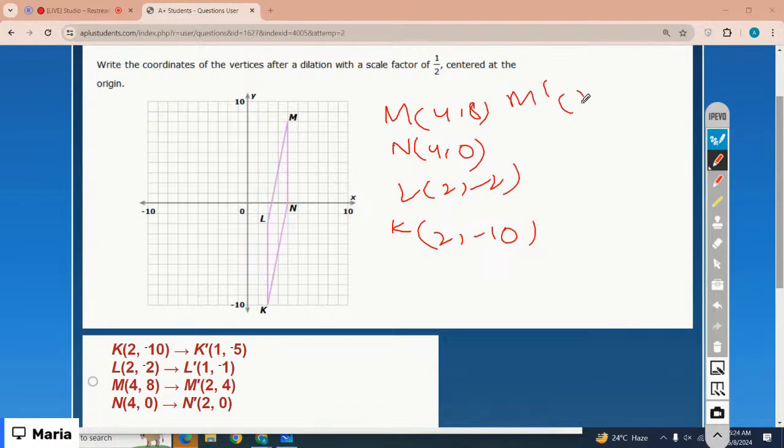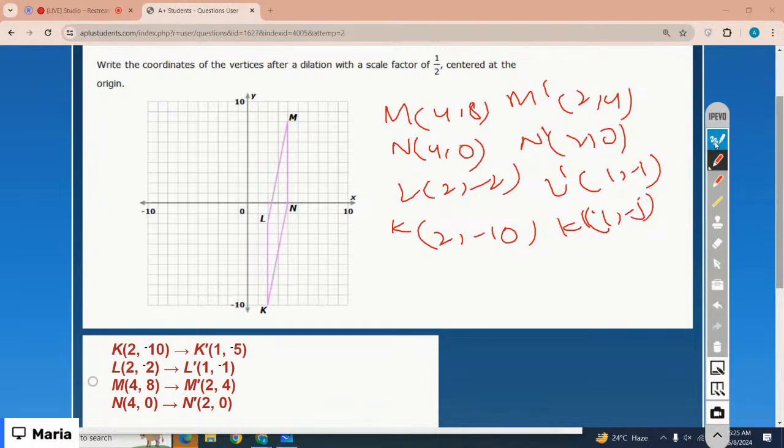So M dash is 2, 4. N dash is 2, 0. L dash is 1, negative 1, and K dash is 1 and negative 5, right? So which is the correct option?